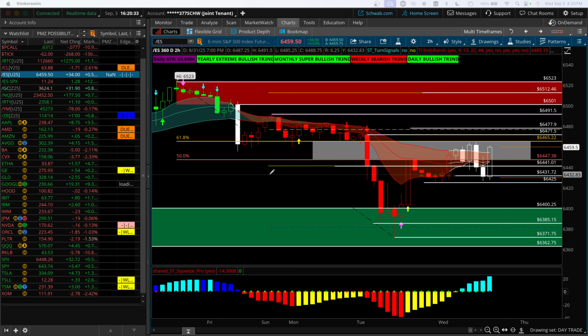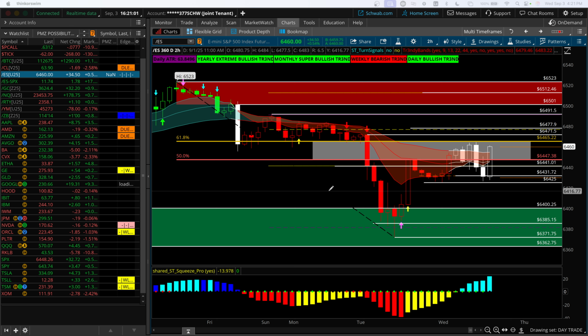So let's talk about what this daily blueprint on ES looked like today. First off, my ultimate target to the upside for this week remains the same, 6,500 to the all-time high of 65.23. My downside target or my buy zone for the week was actually already hit yesterday, and that is 6,400 to 63.62.